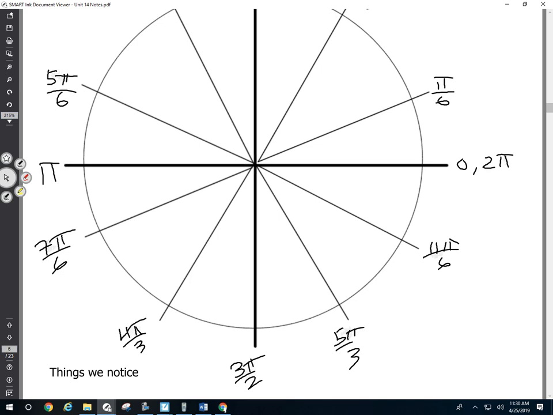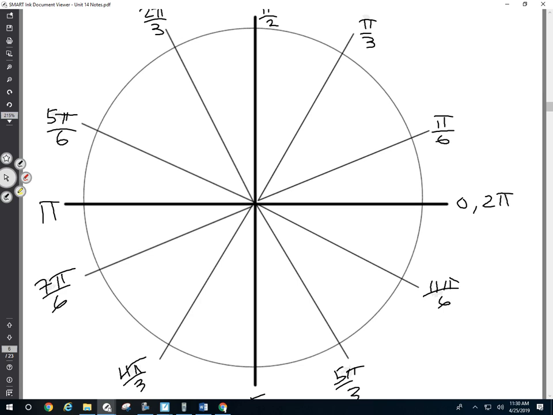Now, what's really cool with radians is the simplicity on these angle measurements based on a denominator. This pi over 6, how many degrees is it from this x-axis? 30. I'm saying just 30 degrees, just so we keep in mind the 30 degrees. This is just 30 degrees away.